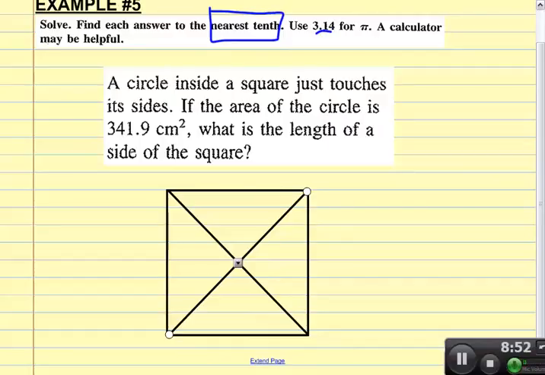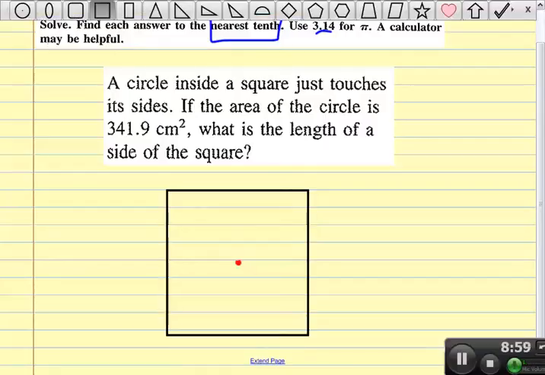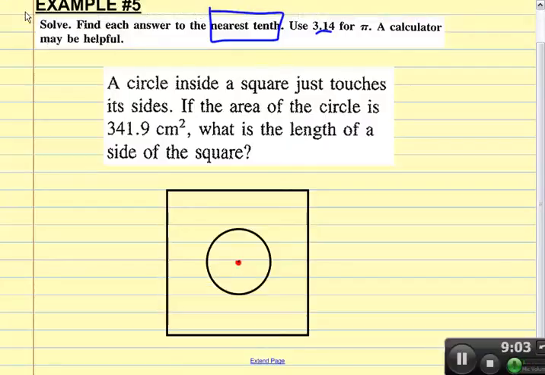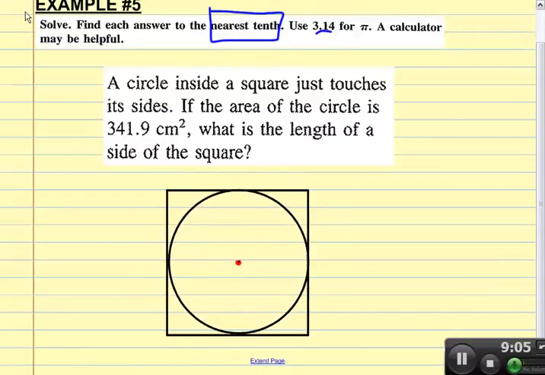I needed to find the exact center of that square, because that's where I'm going to put my circle, so that it just touches the outside of the square. A circle inside a square just touches its sides.